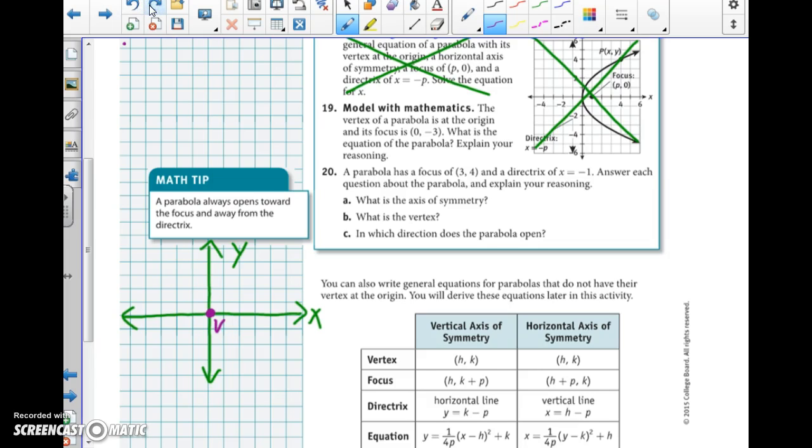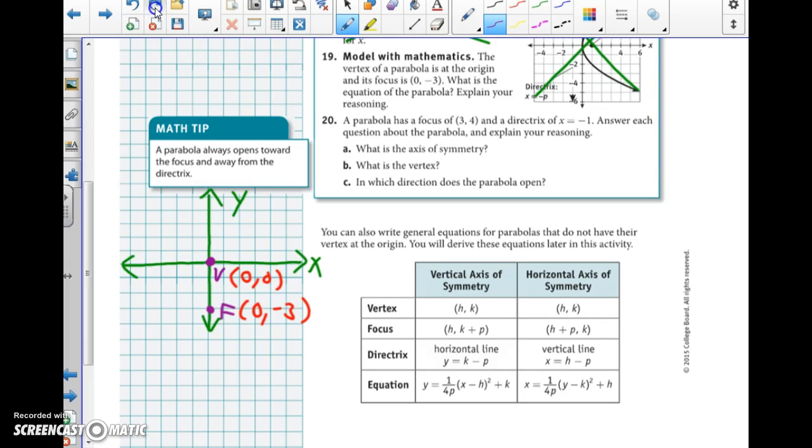That's the vertex. Now it also says you have a focus. So go to your focus, which is 0, -3, and put that point on the graph. There's your focus. So we got 0, 0 and 0, -3.